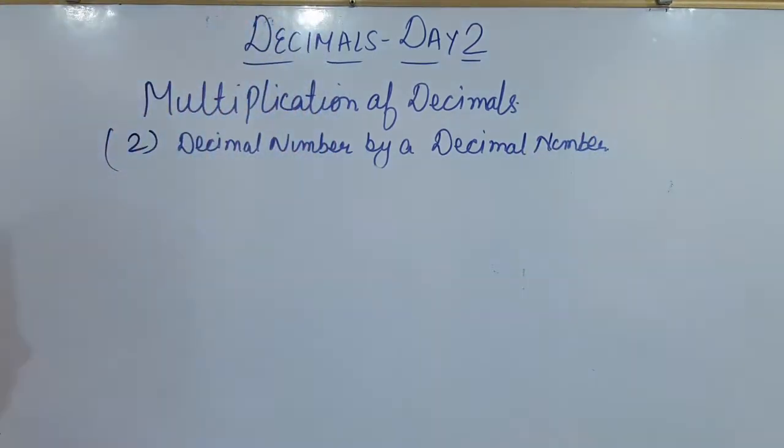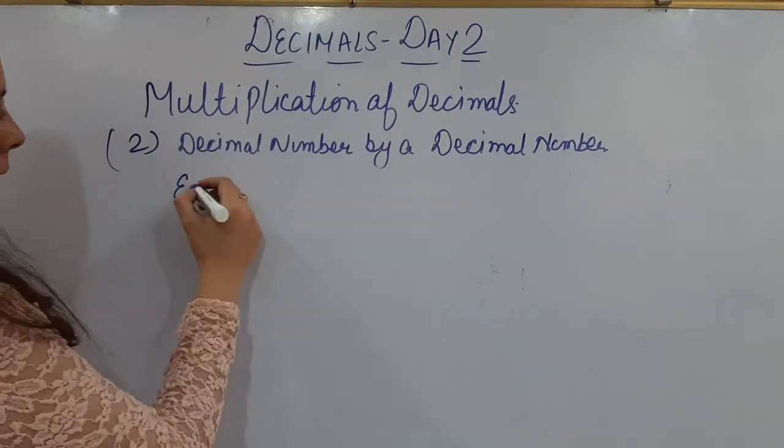In this topic, you also have to keep in mind that while multiplying, ignore both decimal points. Then multiply by standard multiplication, and then count the decimal places in the question and put a decimal point according to the decimal places you have in the question.